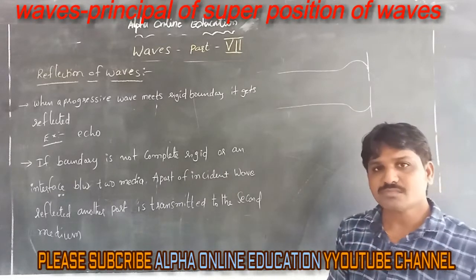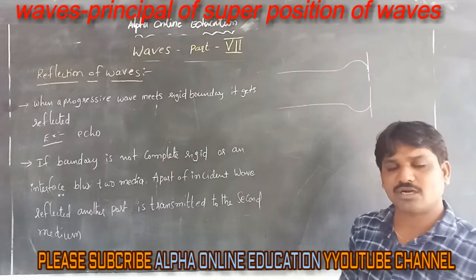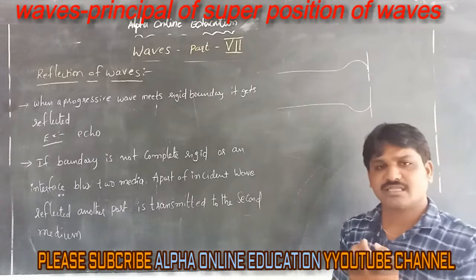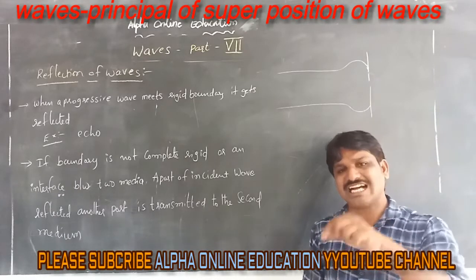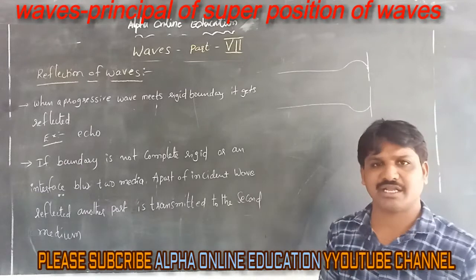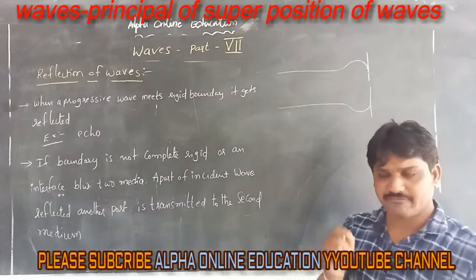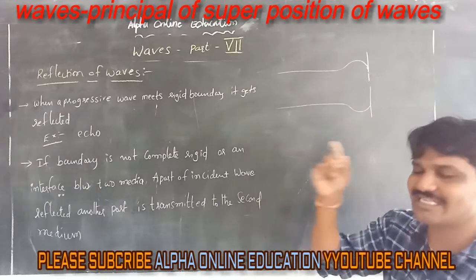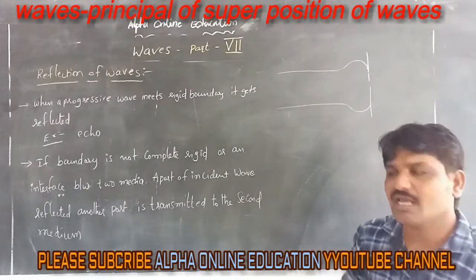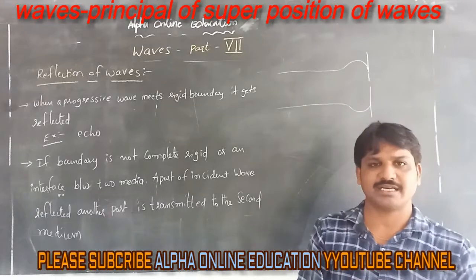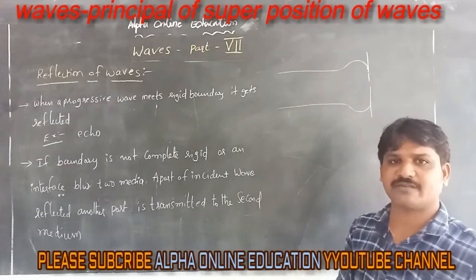If the boundary is not fully rigid, the wave transmitted to the second medium is called a refracted wave. If the wave is incident on a rigid boundary and comes back, that wave is called the reflected wave.